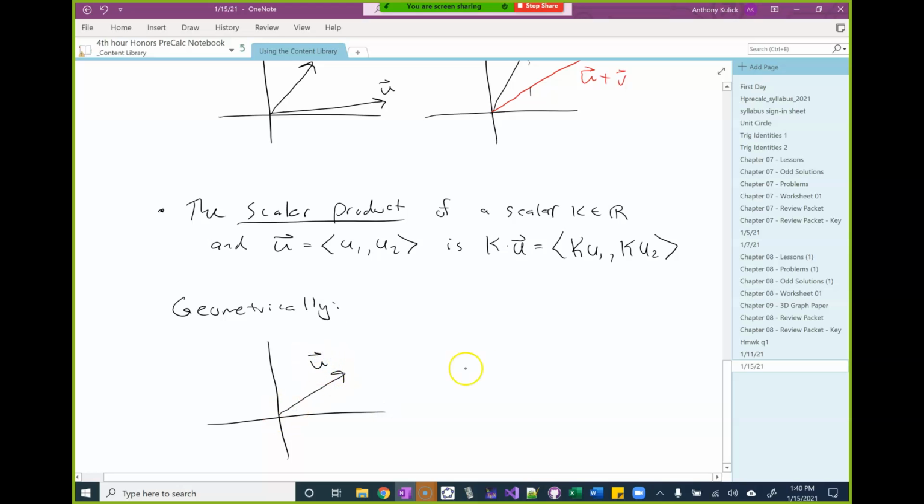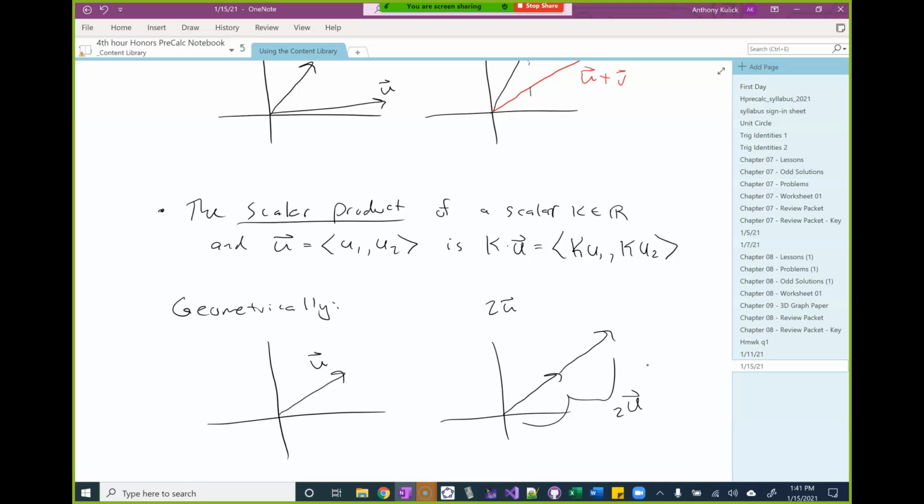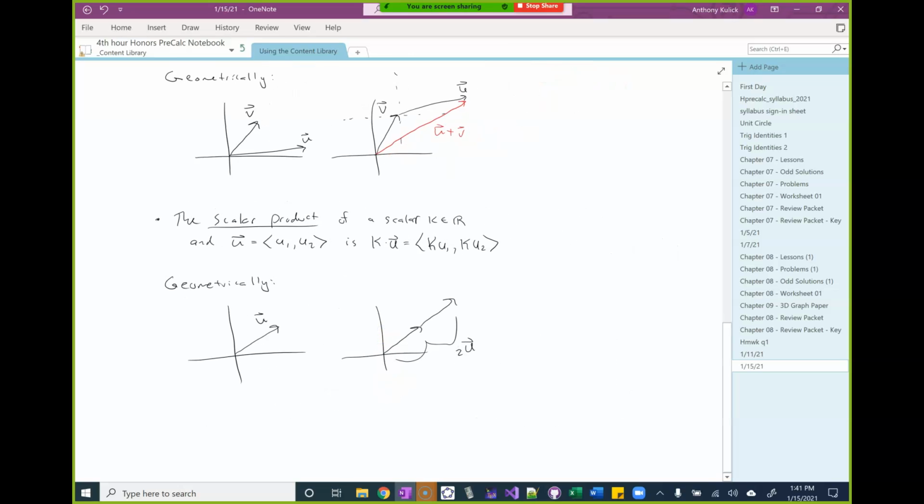So geometrically, if this is U, then that's 2U. It's basically just U stacked on top of itself. Everybody's okay with that idea? How's that? It's good.